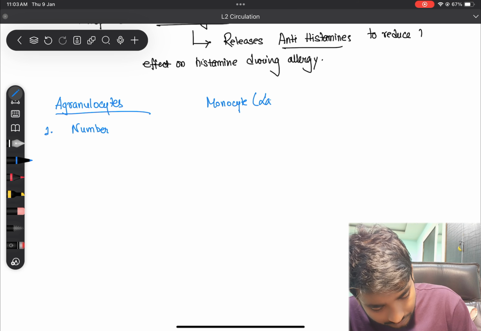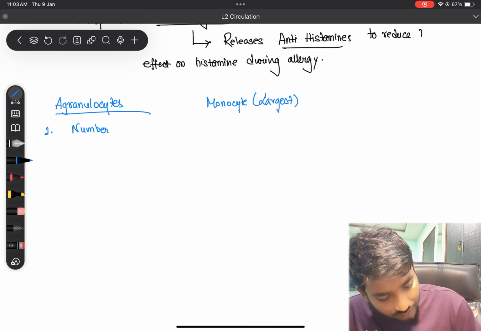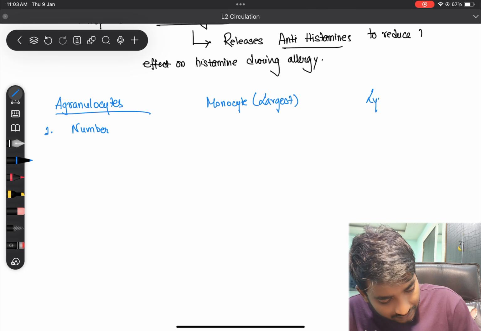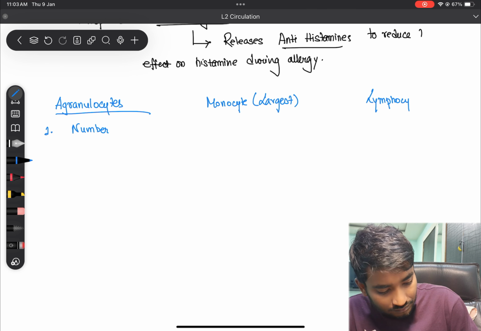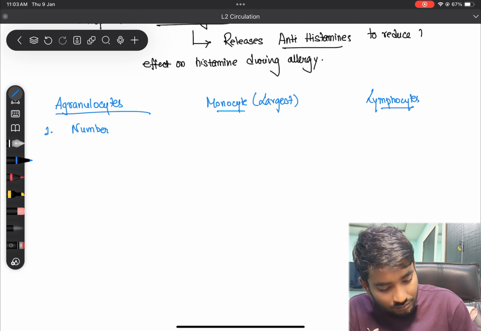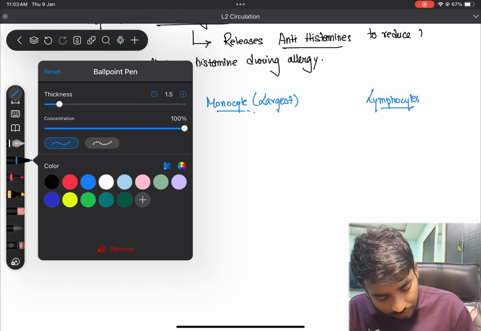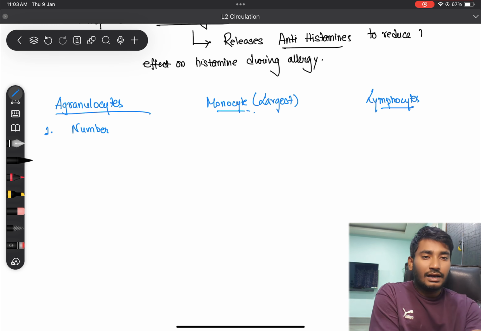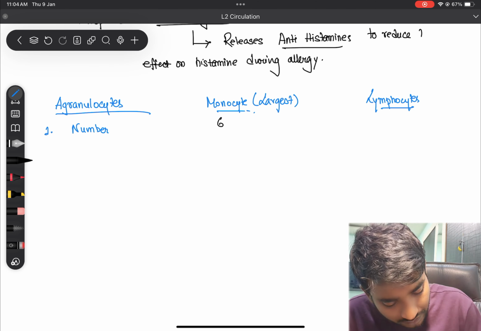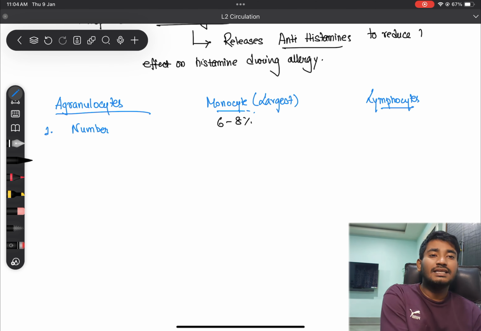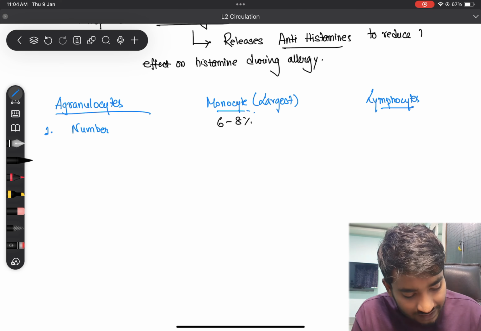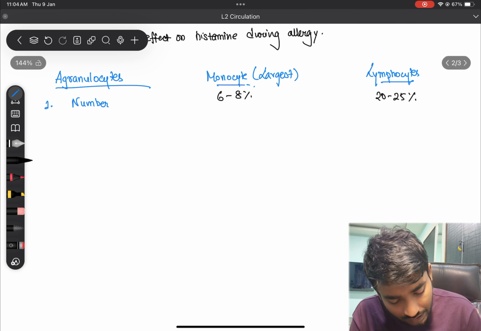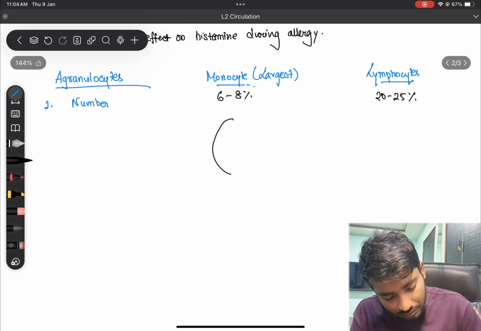It is the largest, and monocyte and lymphocytes. Okay, monocyte is 6 to 8%, and lymphocyte is 20 to 25%.